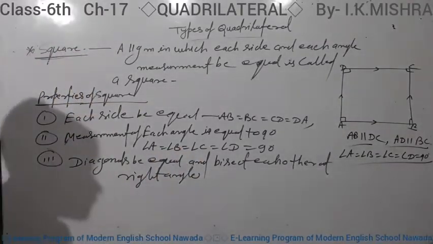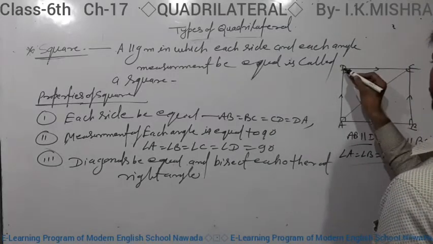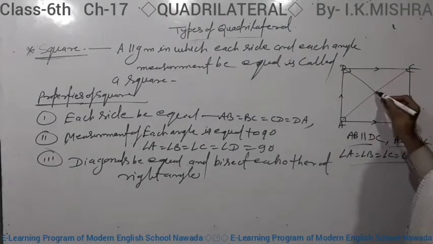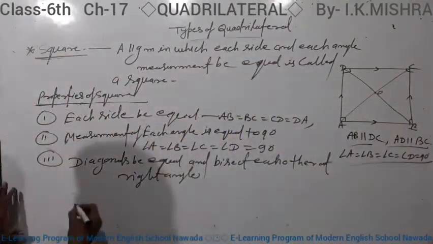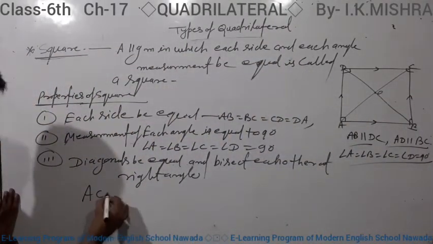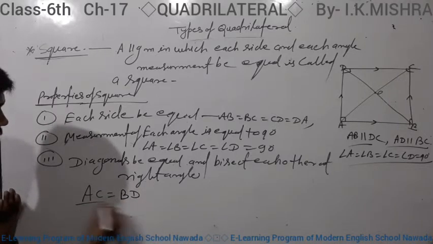That means students, if you join its diagonals, here AC is equal to BD. Here the diagonals are equal.